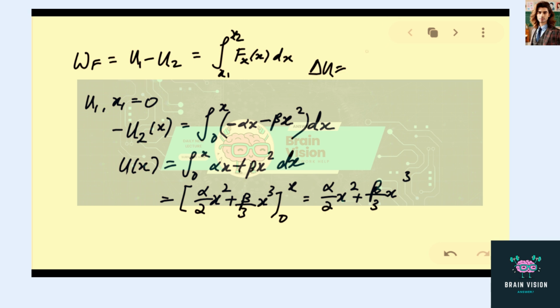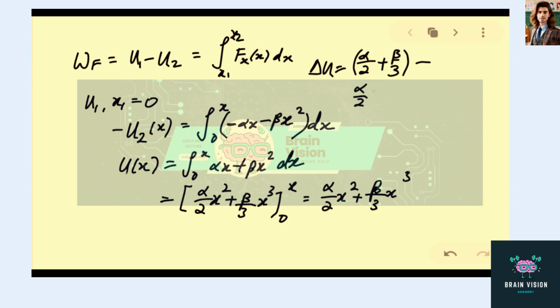We take the initial potential energy, which is when x is equal to 1 meter, right? So x is 1, we get alpha over 2 plus beta over 3, minus the final position, which is when x is 0.5 meters.